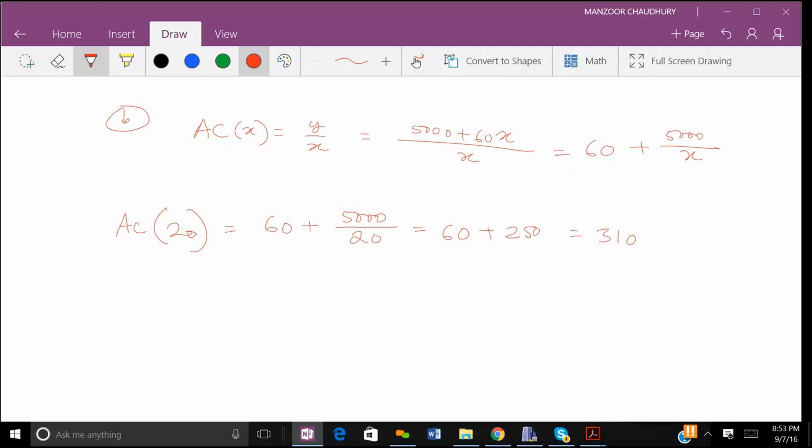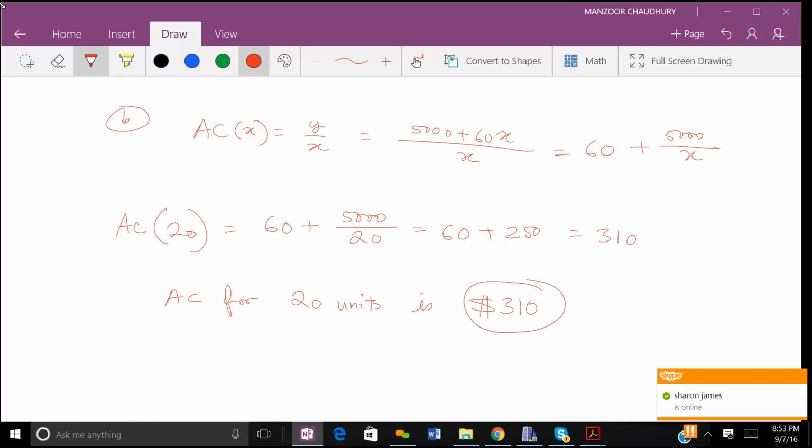And okay, so average cost for 20 units is $310 per unit. Make sense? Yep.